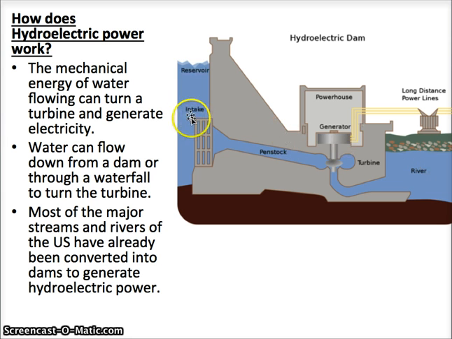So when you harness that energy from a dam, when the water shoots out, it spins a turbine that's down here. That spinning movement will generate electricity in the generator, and that electricity will travel to the power lines. And most of the major streams and rivers in the United States are already converted into dams like this to generate electricity.